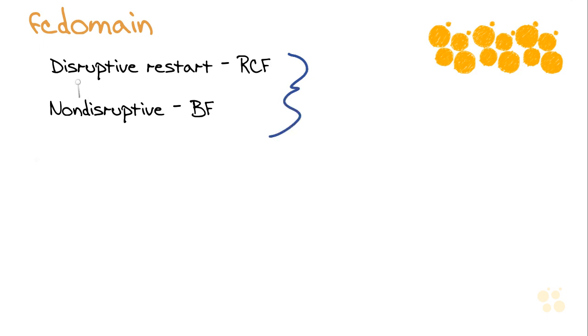There is a disruptive restart, and then there is a non-disruptive restart. The disruptive restart utilizes reconfigure fabric frames, and they're sent to other switches in the fabric. A non-disruptive restart uses build fabric frames that are sent to the other switches.